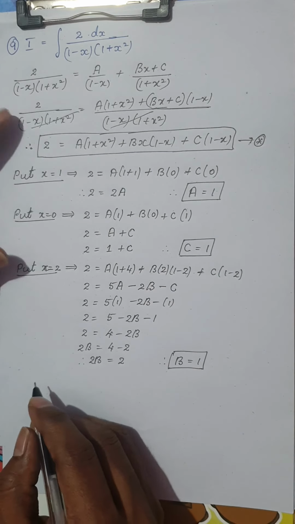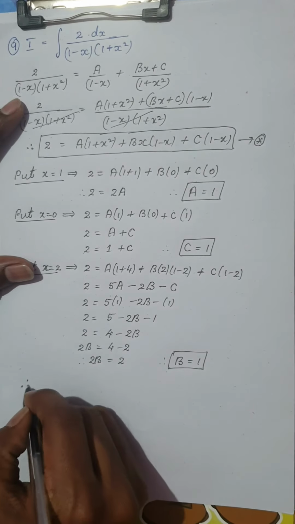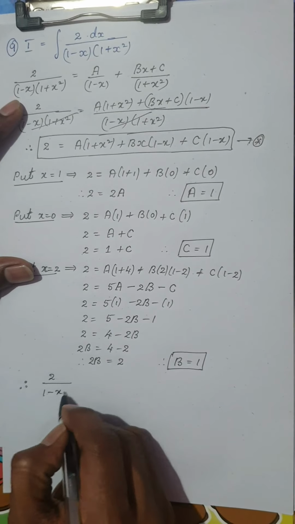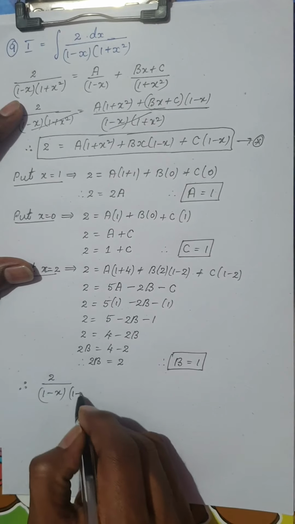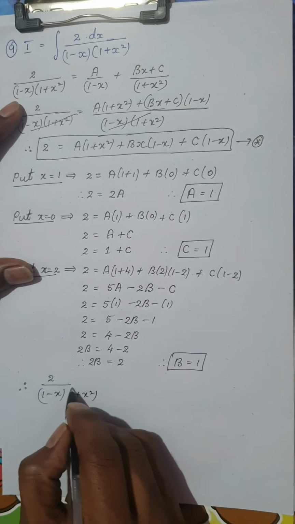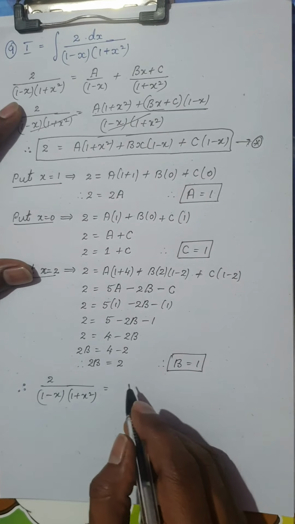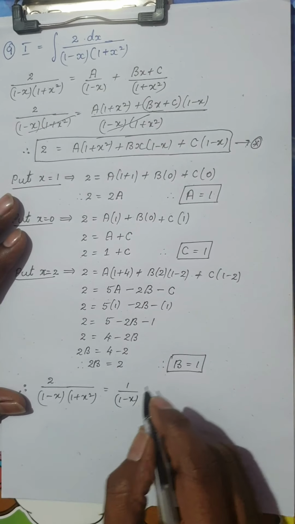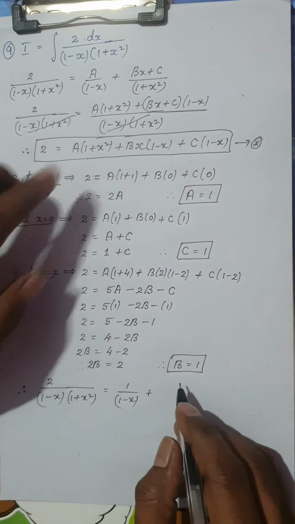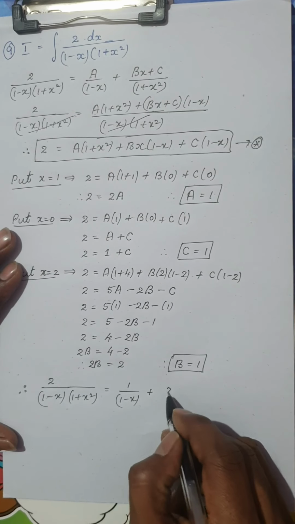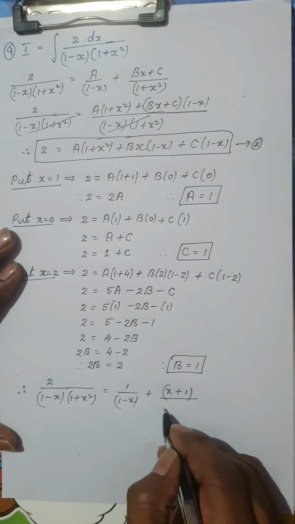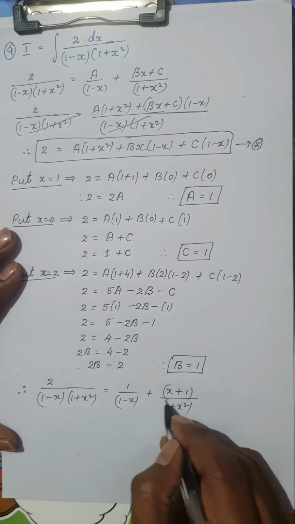Now see what happens. Therefore 2 divided by (1 minus x) into (1 plus x square) would be nothing but, what is a? So it is 1 divided by 1 minus x, plus b into x, and b is 1, so x, plus again c is 1, so x plus 1 divided by 1 plus x square.